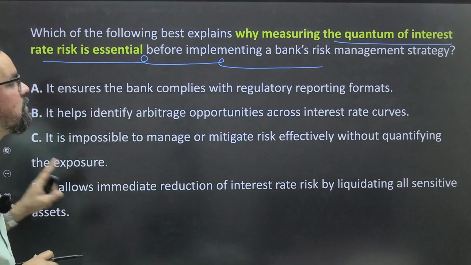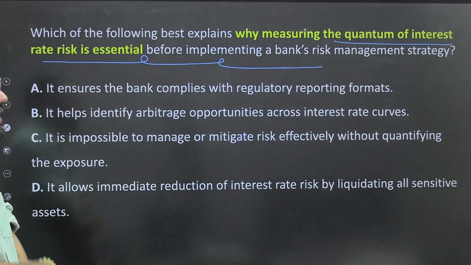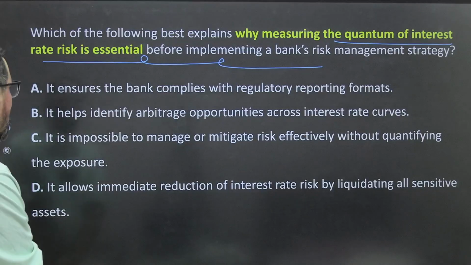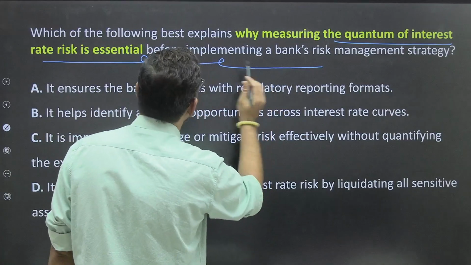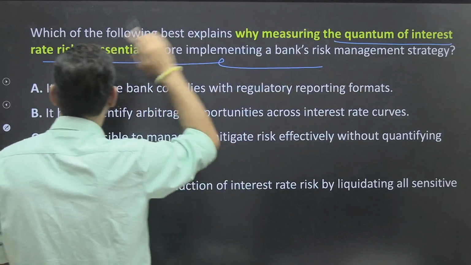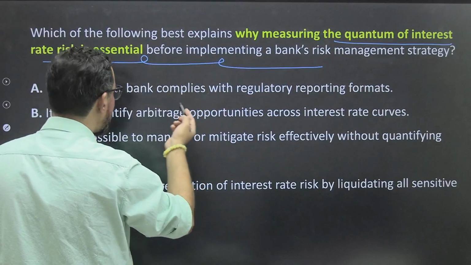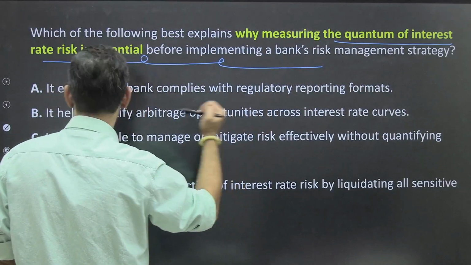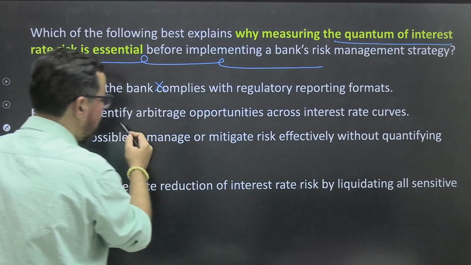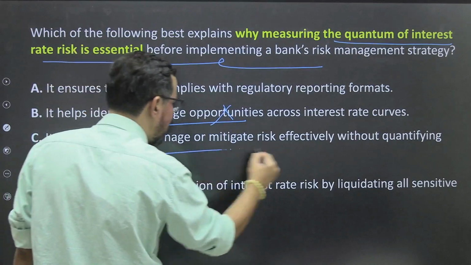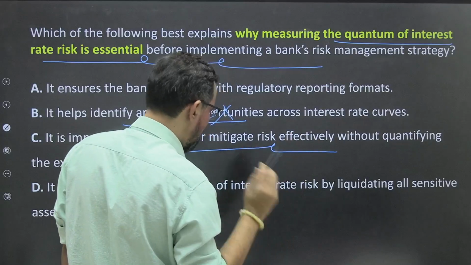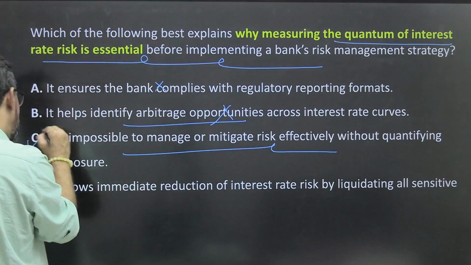Now it is about the interest rate risk management strategy, ठीक है. So it ensures that bank complies with the regulatory reportings, while measuring the quantum of interest rate risk is essential, ठीक है. Comply with the, this is not a core one, ठीक है. Identify arbitrage opportunities. It is impossible to manage or mitigate the risk effectively before quantifying the exposure, ठीक है.